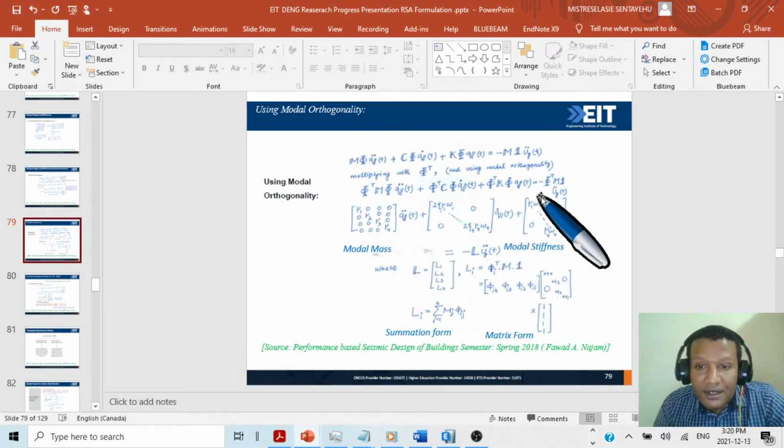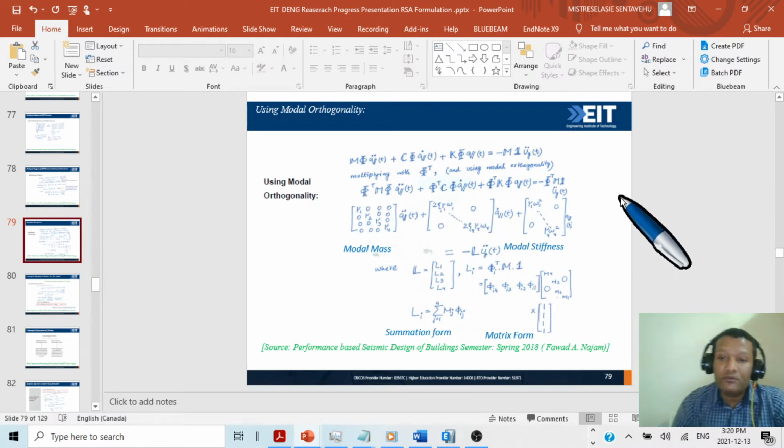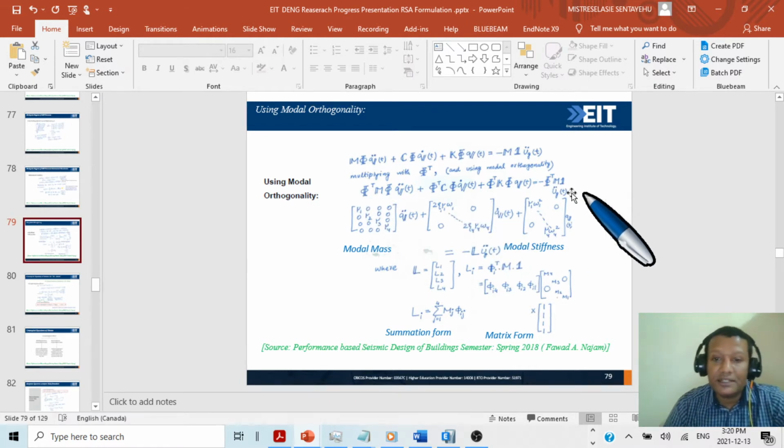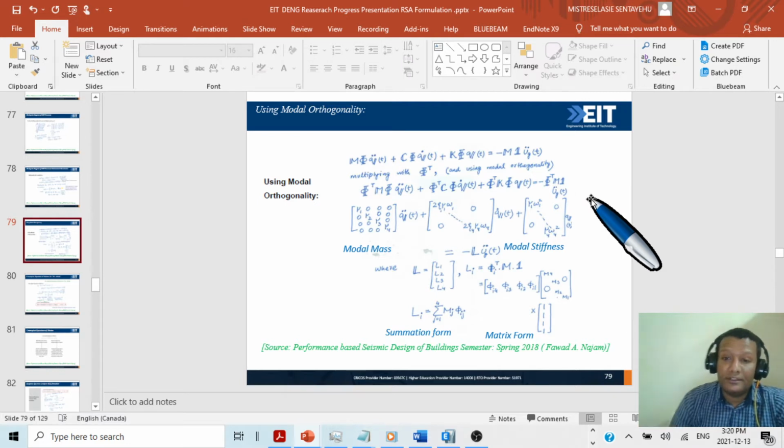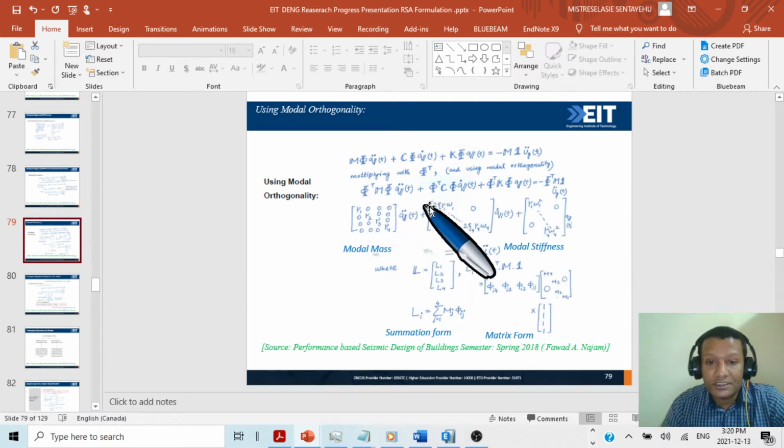This is the uncoupled equation of motion only for the first mode. There is no contribution from the second mode, third mode, or fourth mode. So for the first mode, and for each floor, we are going to use this equation only.